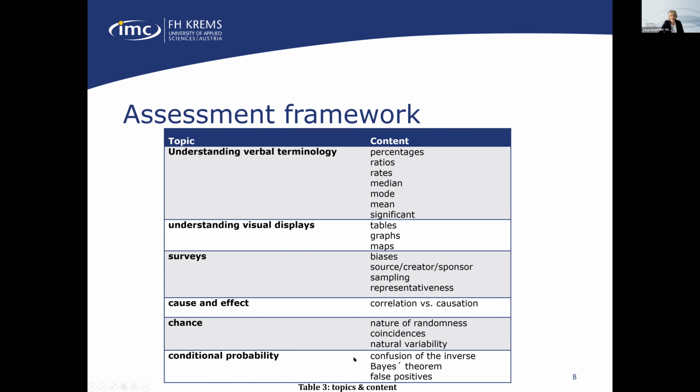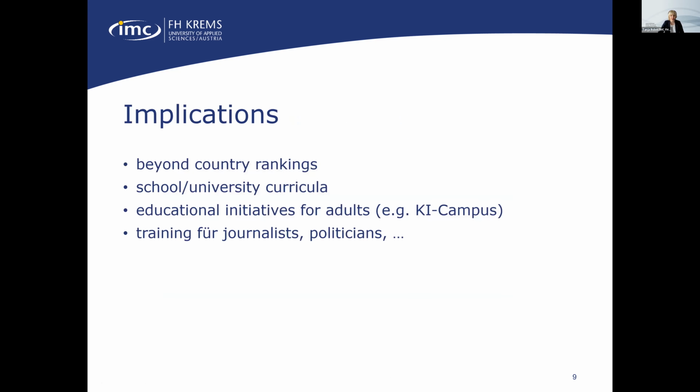What about that? The nature of randomness, coincidences, and natural variability. And then conditional probability, which is always the first lecture when my students get confused in the statistics lecture, when we start with conditional probabilities, the confusion of the inverse, Bayes' theorem, false positive. Of course, this is quite a lot, and I would not say that every citizen has to know about that, but even a little of that would be quite perfect already, I would say.